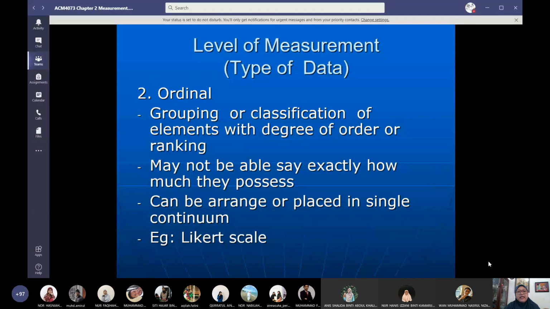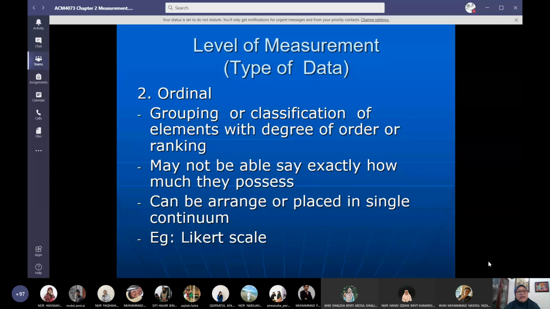Example, Likert scales. What do we mean by 1, 2, 3, 4, and 5? When we say Likert scale, there are 5 scales. Madam, what if the scale contains 6 numbers? If it's 6, it is called a 6-point scale. 7, a 7-point scale. 10, a 10-point scale. Some say Likert, some say Likert. Both are correct. Don't worry about the pronunciation.